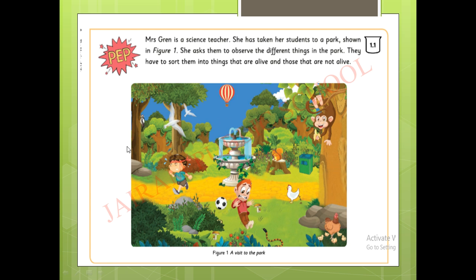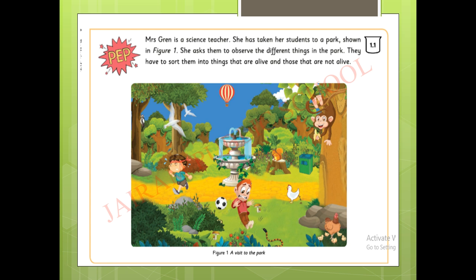We can see many trees and plants. Very good. So these are the living things. Can you see any non-living things in this picture? Yes, exactly. You can see a water fountain, dustbin, hot air balloon, a ball, and some stones also. These are the non-living things in this picture.